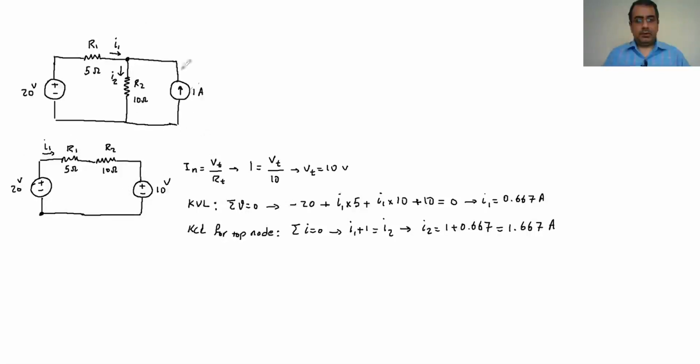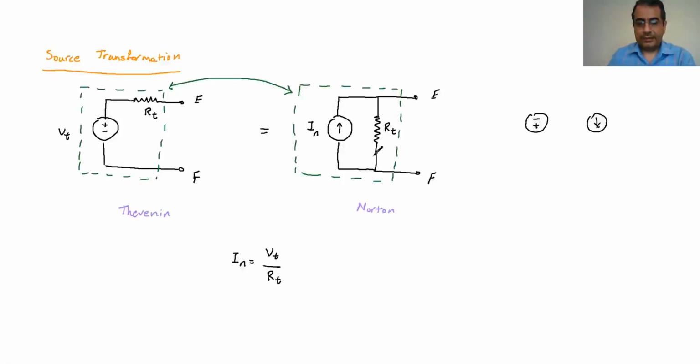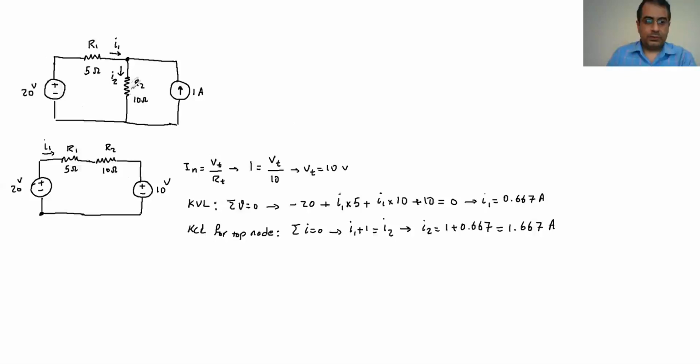Let's look at it again. So how I did that, how I replaced that. So let's go back here. I can replace the current and the resistance. If I have a current source and resistance, I can replace it with the voltage and the resistance. So here I have a current and the voltage and the resistance in parallel, this part. So I can go ahead and say, let me draw it with the other color.